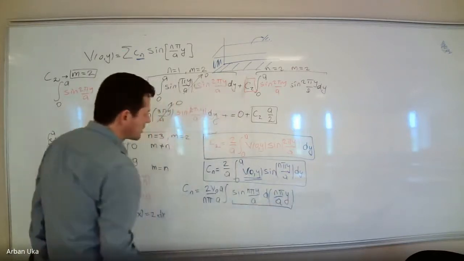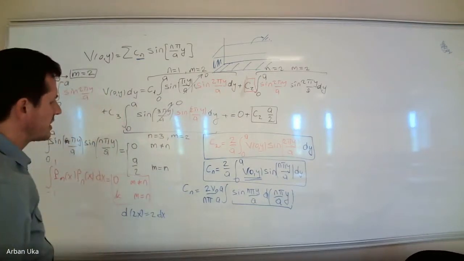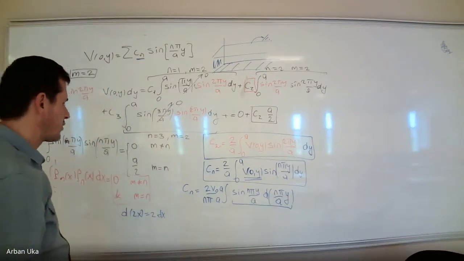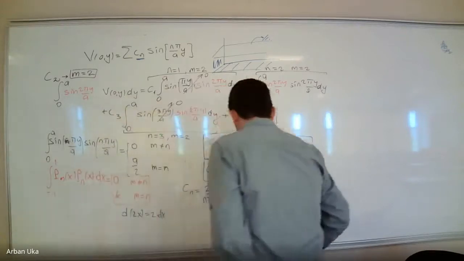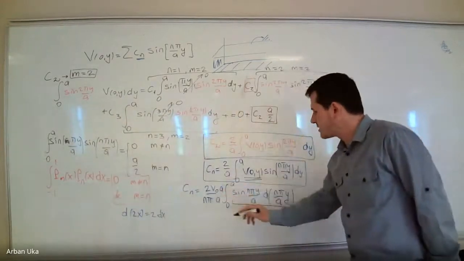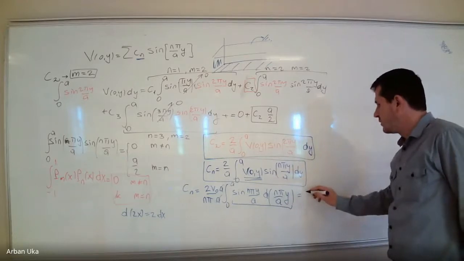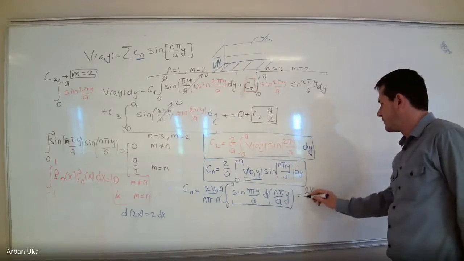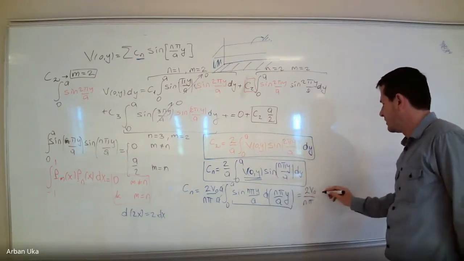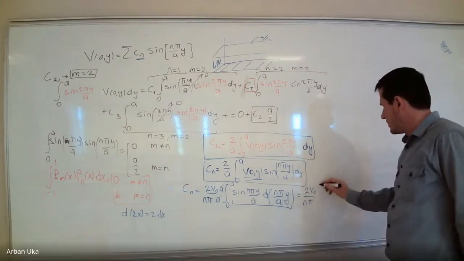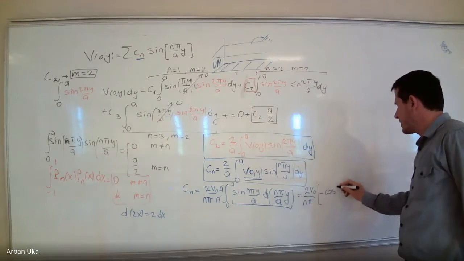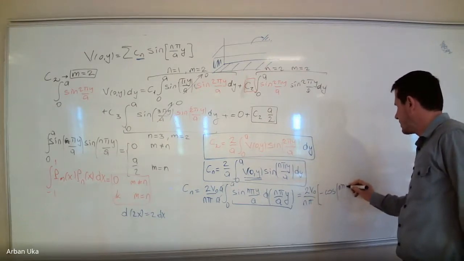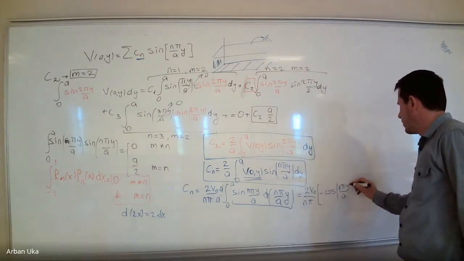The integral of this expression, integral of sine, is equal to minus cosine, and this is from 0 to a. So, and these two a's cancel out each other. This would be equal to 2v0 divided by n pi. As we said, the integral is equal to minus cosine of n pi y over a.